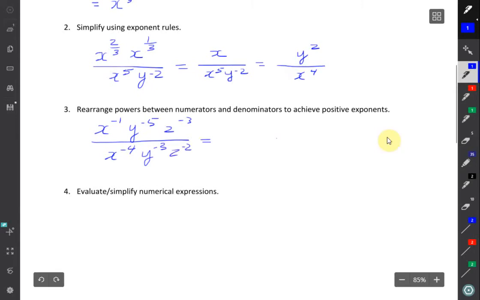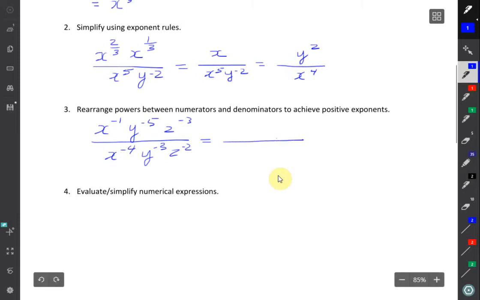And so first thing I'm going to do is, because there's no powers of the same base in the numerator and the denominator, I would make all of them positive first. You could go ahead, of course, and do your simplification, but here we're illustrating rearranging the powers to get positive exponents. So rather than simply doing the simplifying that we probably would do when we're working on this, we're going to illustrate the idea of making them all positive first.